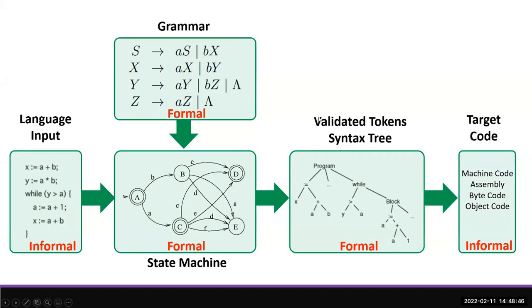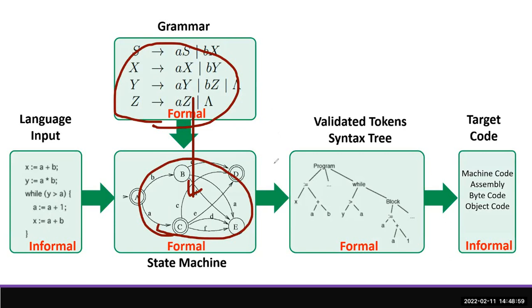So let's look at this chart. You can design the language tokenization based on the grammar, and the grammar will be used to generate a finite state machine. With this finite state machine, you can use an ad hoc method to generate the tokenizer, or you can use a table-driven way to design a tokenizer using an automatic generator.